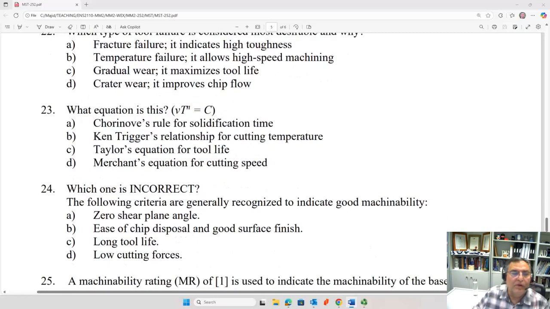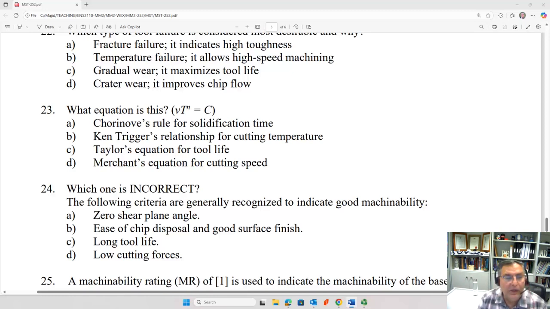Question 24, which one is incorrect? The following criteria are generally recognized to indicate good machinability. A, zero shear plane angle. Well, that is not possible at all. So A is giving us an impossible scenario.